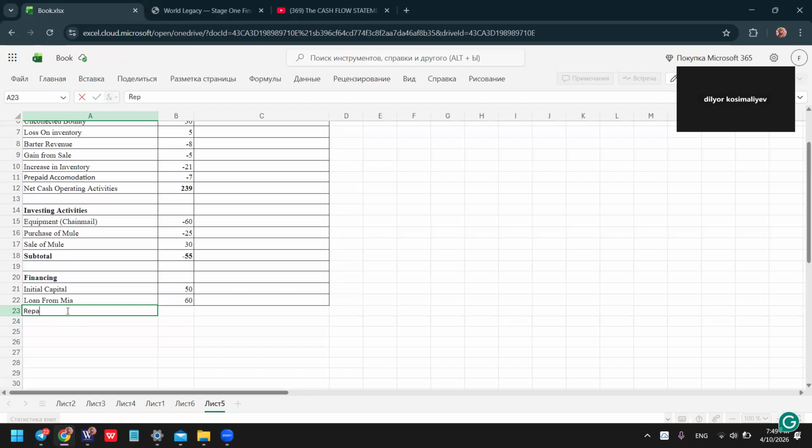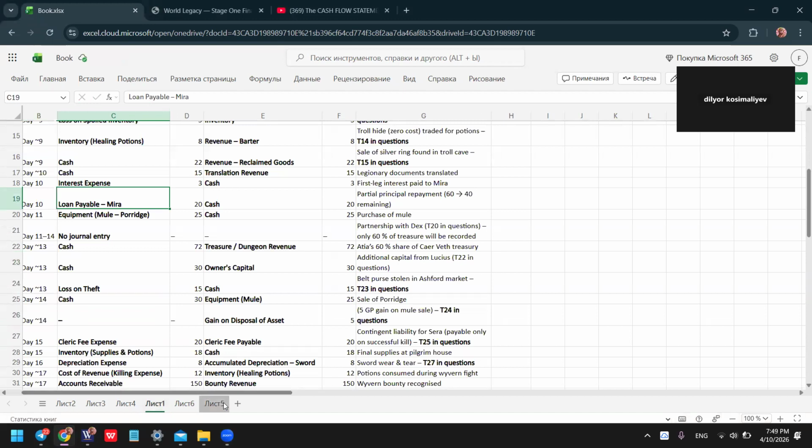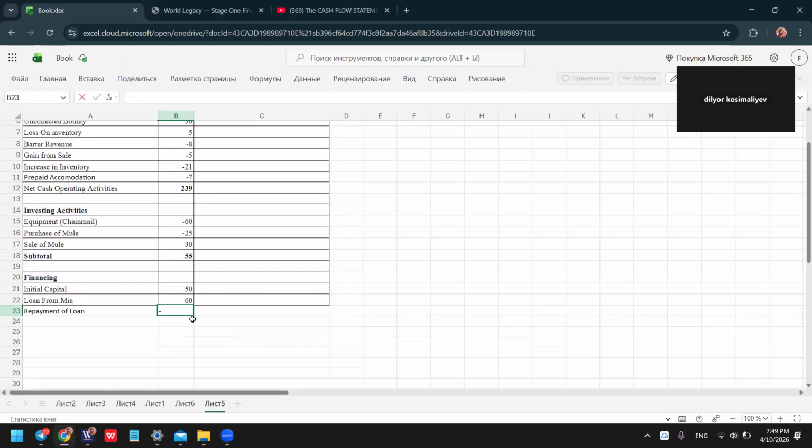Let's say repayment of bond. How much was it? 20. It was also with cash, so it's minus 20.